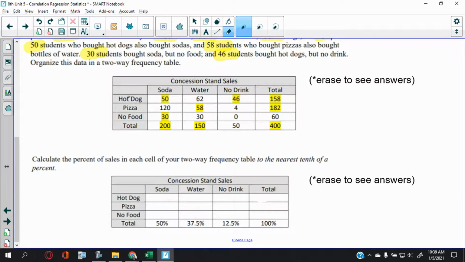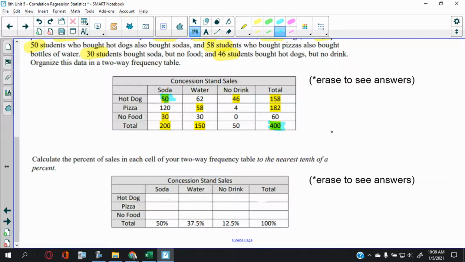For the number of people who had hot dog and soda, which is 50, by the way, it's right there. How much percent of this is the total? Think percentage, right? So what's 50 out of 400?